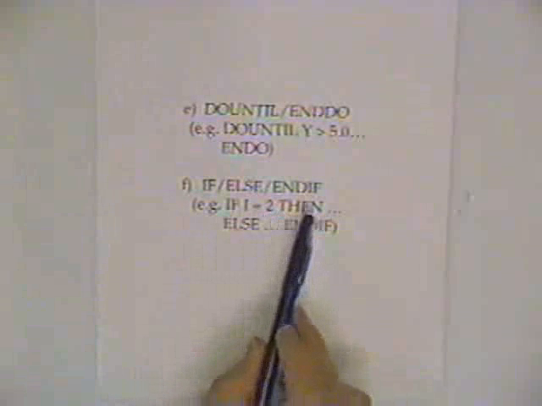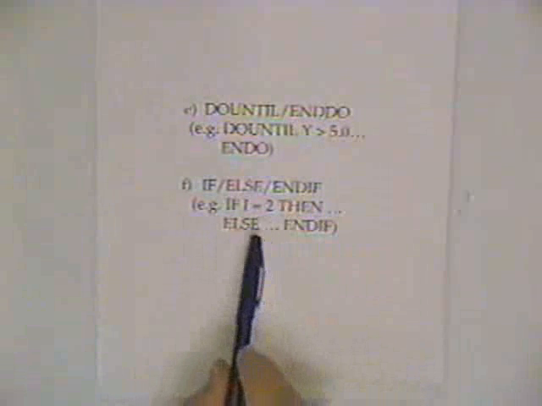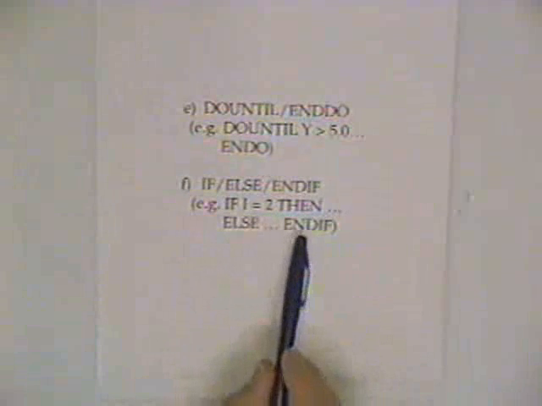Another important kind of branching is if statements, if else end-if being the form in pseudocode. This allows you to make a number of different choices in the program. For example, in this case, you would have a statement, if I is equal to 2, then a series of statements, an else statement, a series of statements that follow with the end-if.